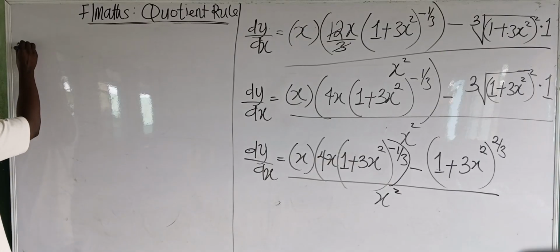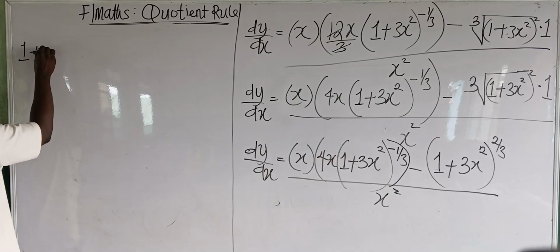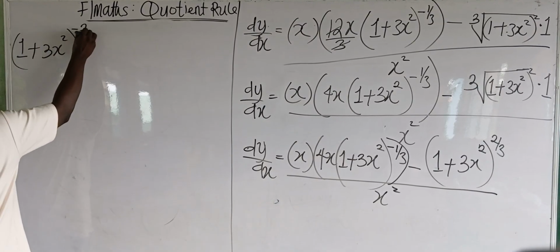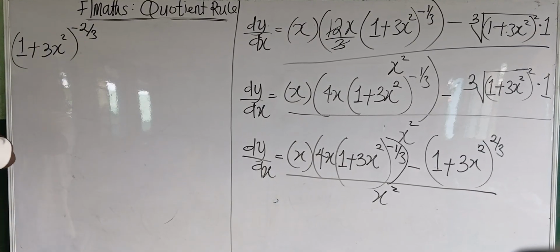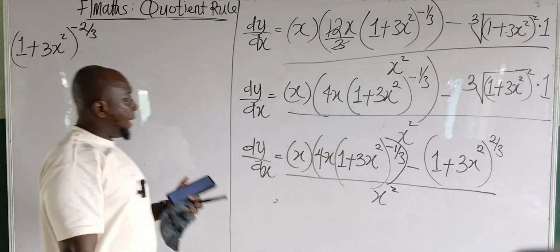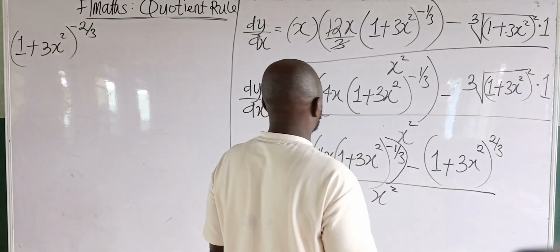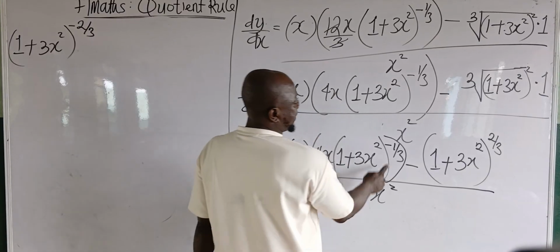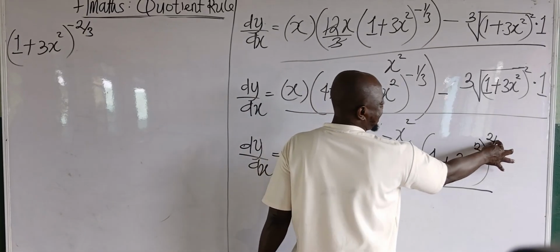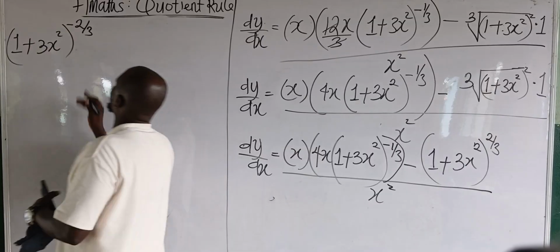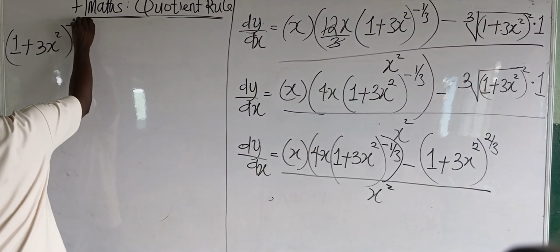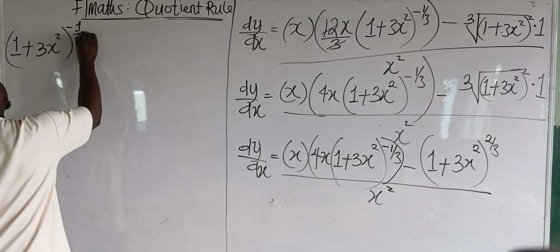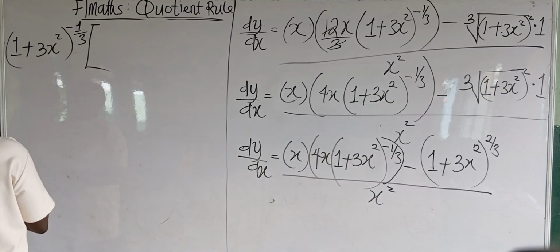So we have 1 plus 3x squared raised to the power of minus 2 minus, okay, I will take the smallest one. This can divide this. So I will take the smallest one, please. So this is what I will take out. Take this one out. And then open this bracket.